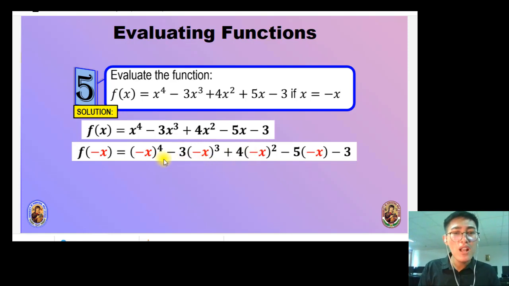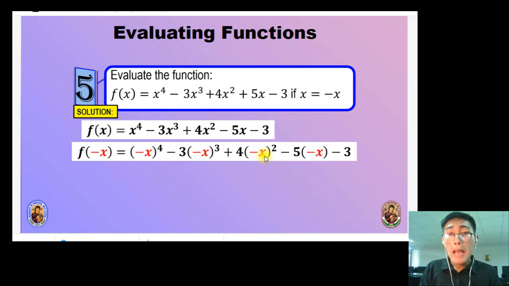For this example, negative x cubed, we will get negative x cubed. And that negative x cubed multiplied to negative 3, we will get, of course, negative times negative, we will get here positive 3x cubed. For this part naman, ito yung sinasabi ko, tignan mo yung power dito, even number. Ang nasa loob ay negative x.